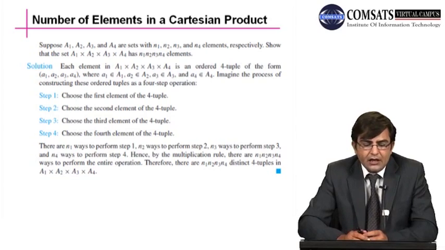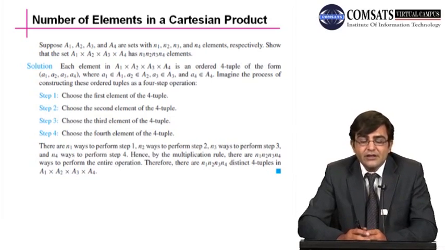For example, here I have chosen an example in which we first find the Cartesian product of four sets A1, A2, A3 and A4. These sets are finite sets, because we cannot find the number of elements in a Cartesian product of infinite sets.